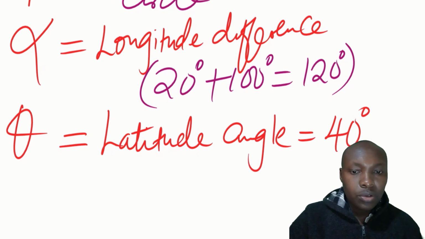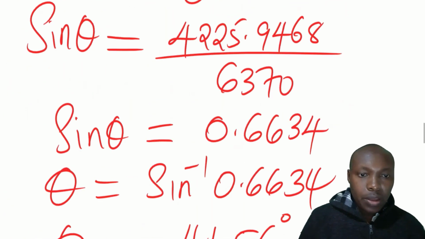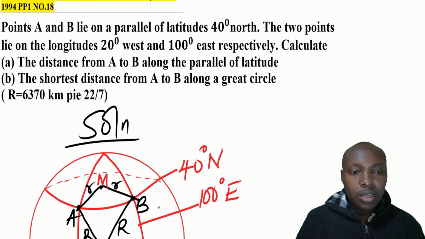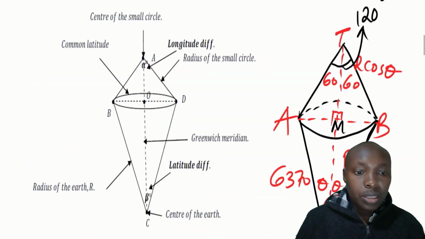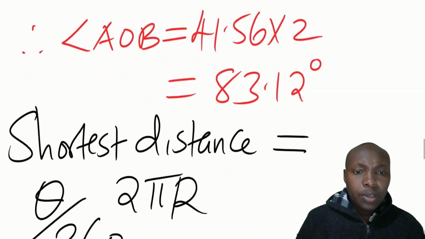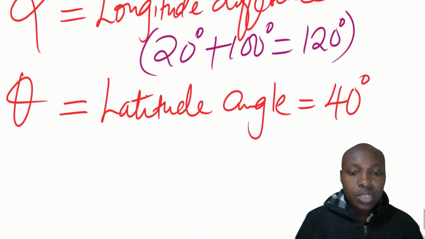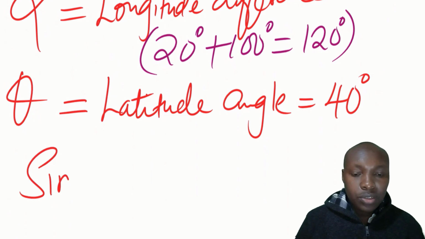So now having those, you can see the unknown. Beta is the angle that we need. So we substitute those values in the formula.